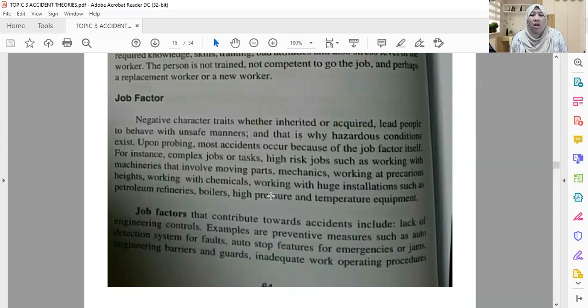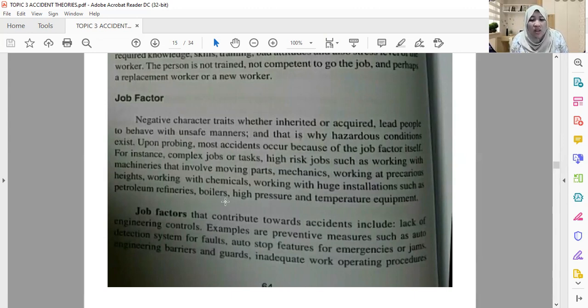For example, the complexity of jobs, high risk jobs such as working with machinery, especially when you go to the construction site. This is a very risky workplace, with moving part machines, mechanics, working at a precarious height. I also cannot bear very high places.